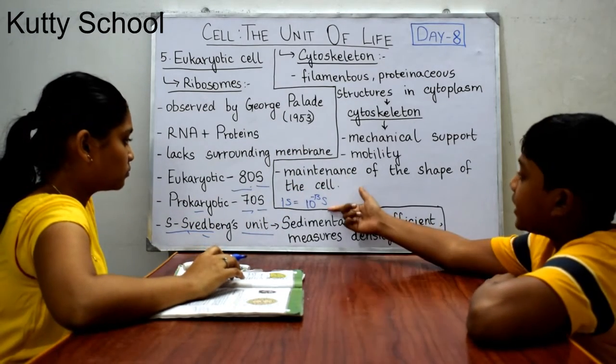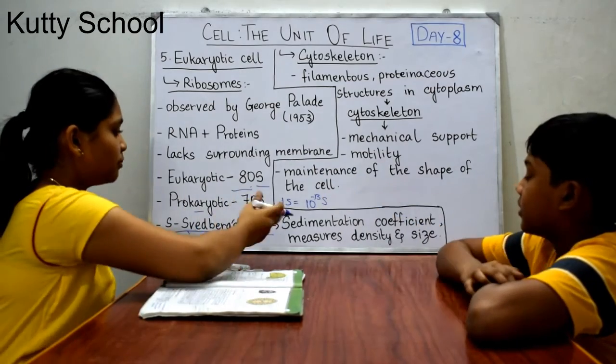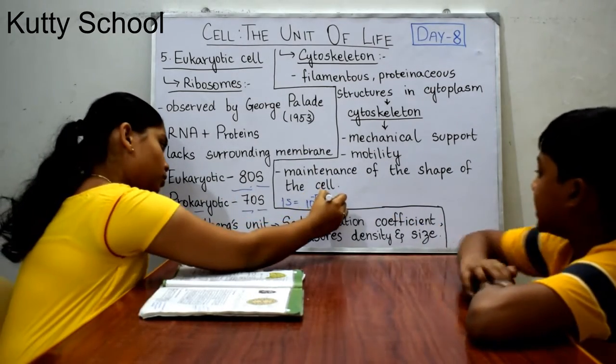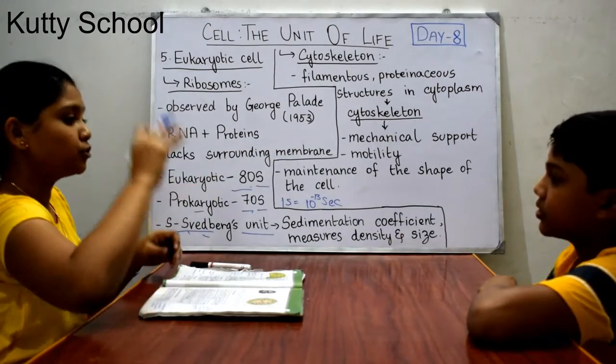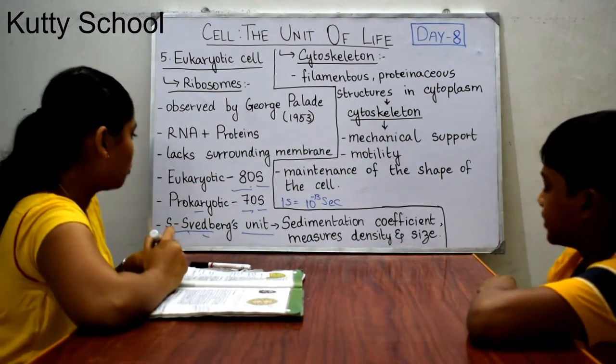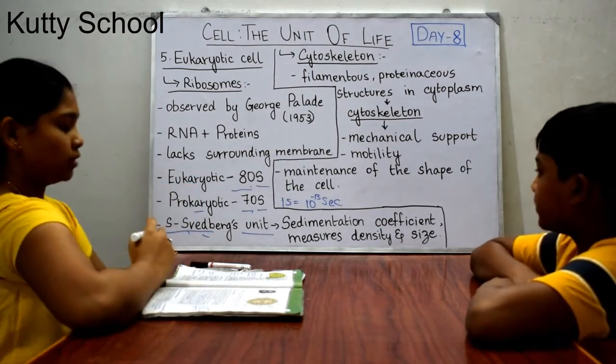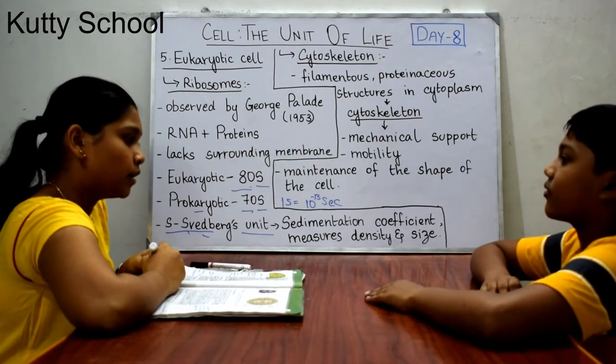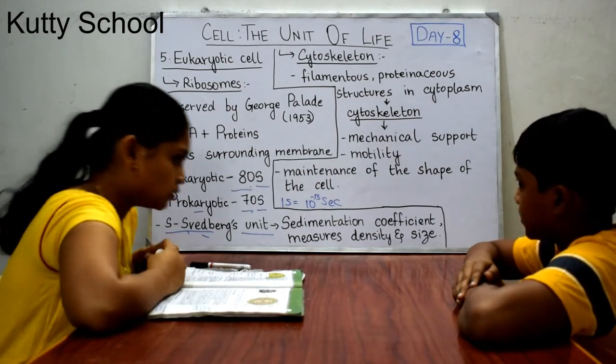Why do they relate it to time? Because of sedimentation: how long it takes to sediment at the bottom. With that they measure the density and size of the ribosomes.